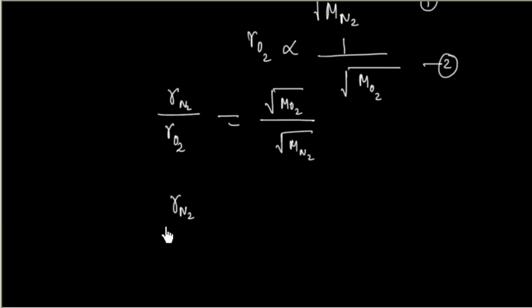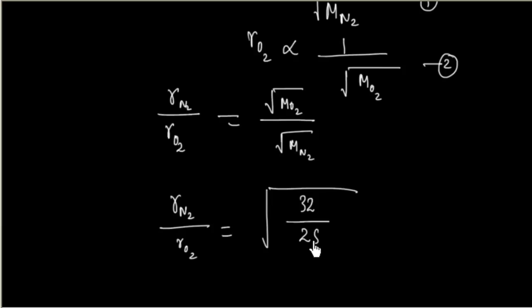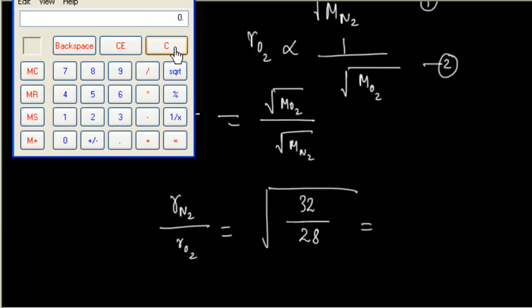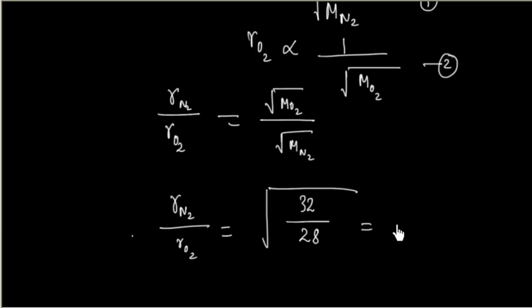So this is RN2 by RO2, and the molecular weight of oxygen is 32 and nitrogen is 28. So we will have 32 divided by 28, and then we have to take a square root. So this is 1.06.